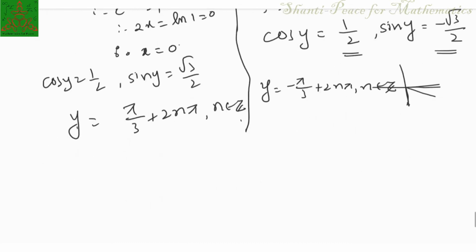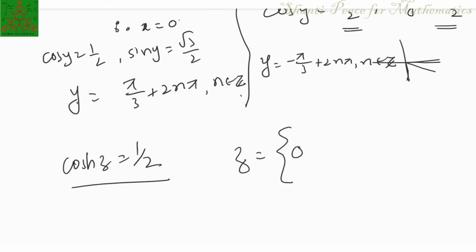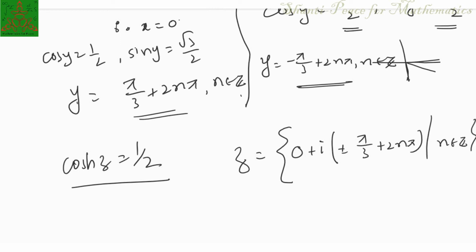So finally, the solution of the given equation cos hyperbolic of z equal to 1 by 2 is z equal to x plus iy, that is 0 plus i times y, and y has two values, so it is plus or minus pi by 3 plus 2n pi, where n belongs to z. These are the roots of the equation that we have.